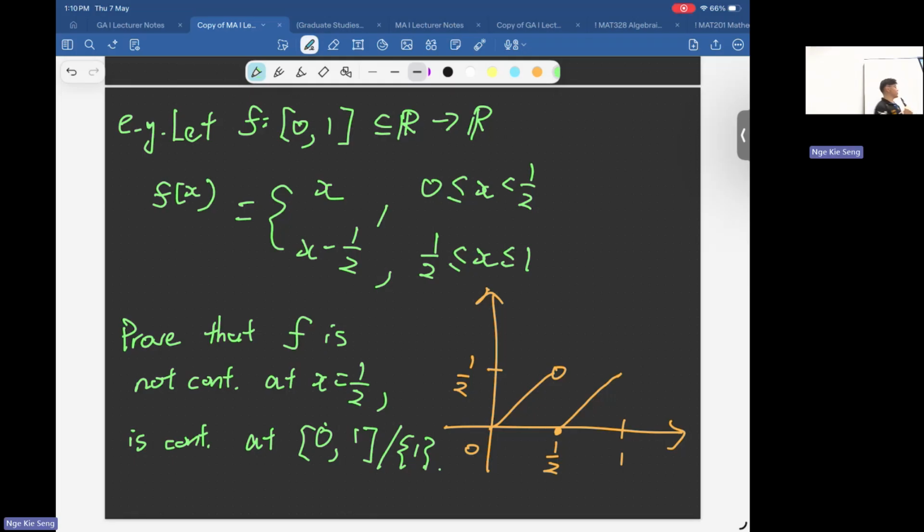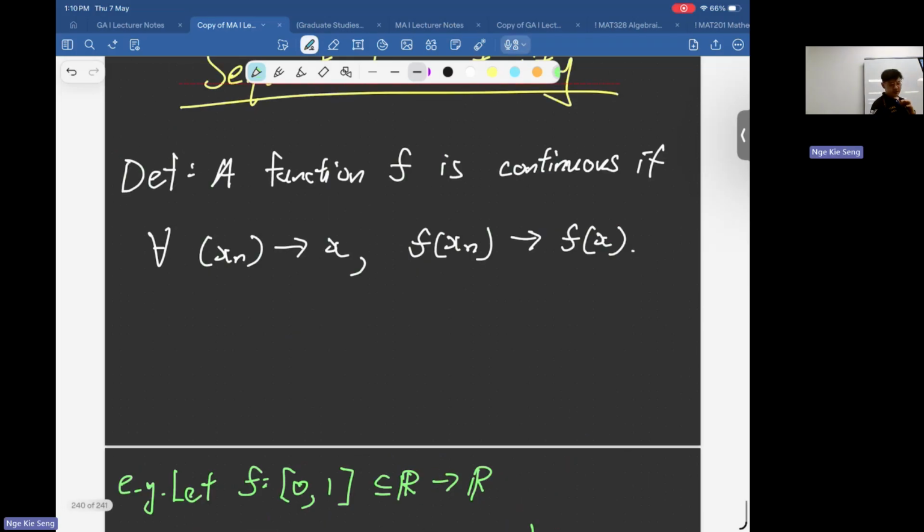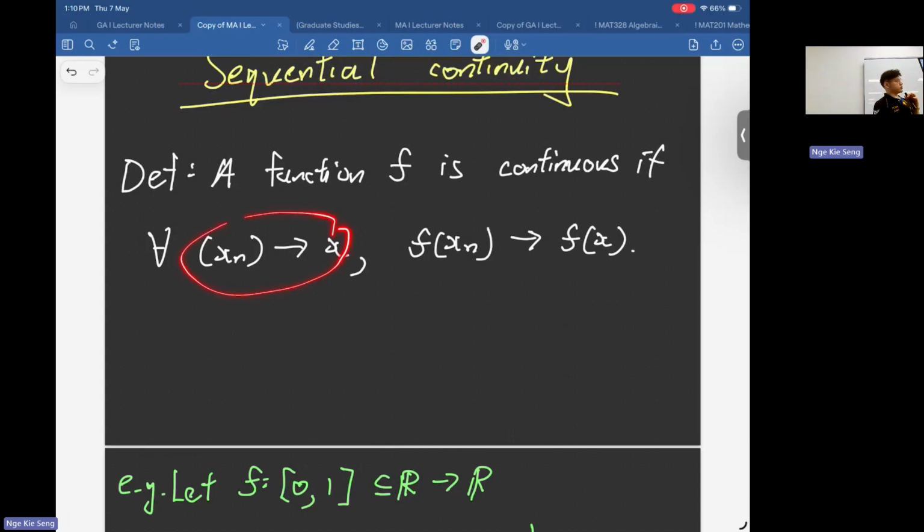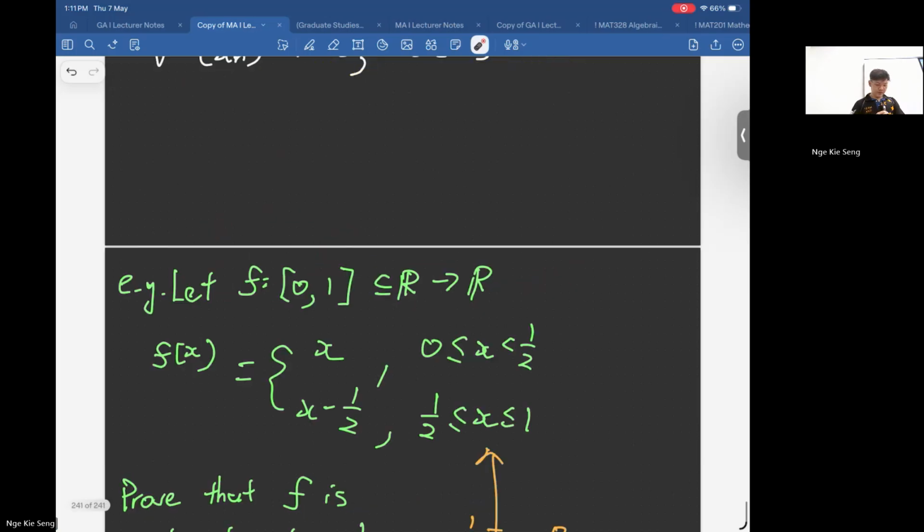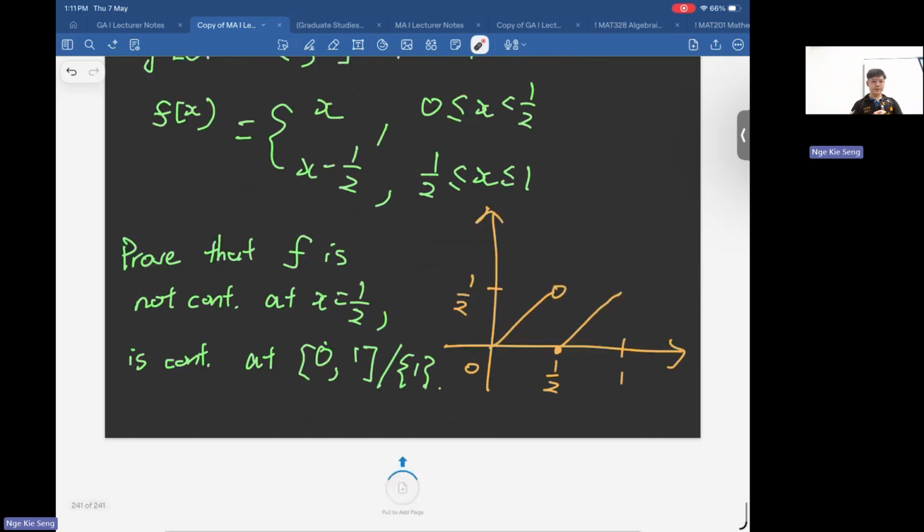To prove not continuous, you just need to pick a sequence converging to half, and then show that the f(xn) that you produce does not converge to f(half). Okay, how about continuity here?